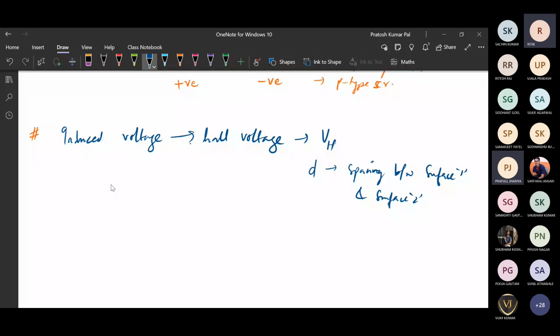So once a voltage difference is there, separated by a distance D, there will be an induced electric field. This induced electric field will be VH divided by D, and the unit will be volt per meter.